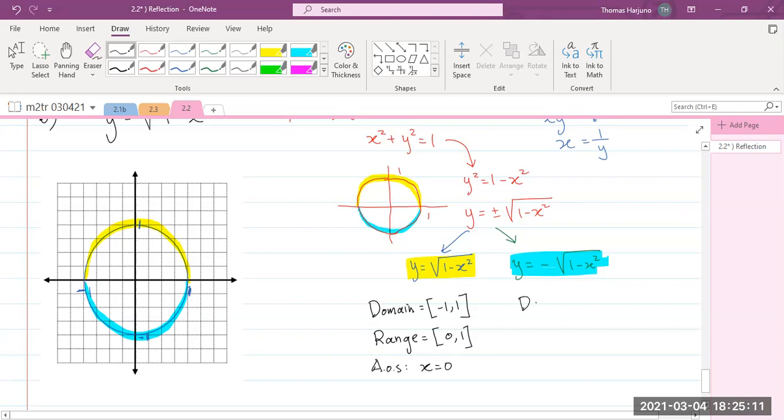The bottom part will have the same domain. However, the range is from -1 to 0. Sorry, that's the range. The axis of symmetry is the same.